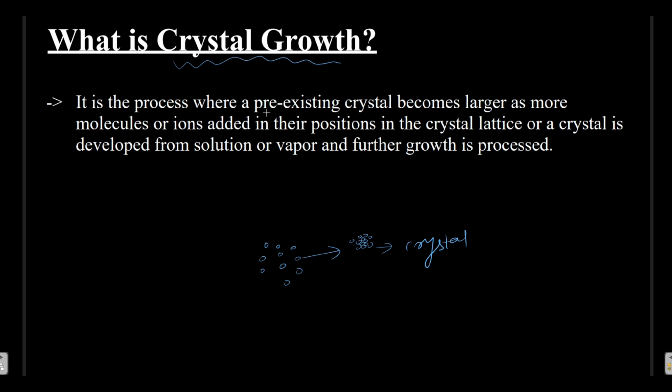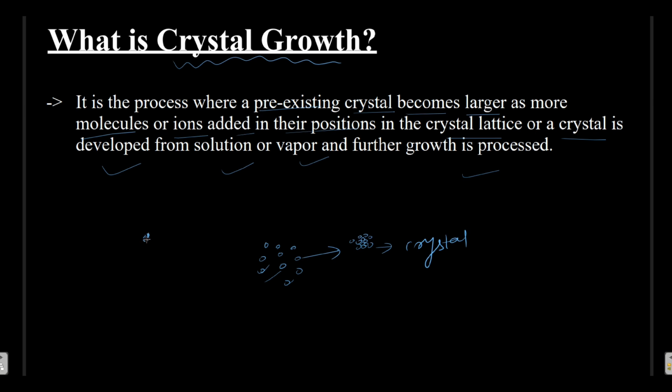So it is the process where a pre-existing crystal becomes larger as more molecules or ions are added in their positions in the crystal lattice, or a crystal is developed from the solution or vapor, and further growth proceeds.